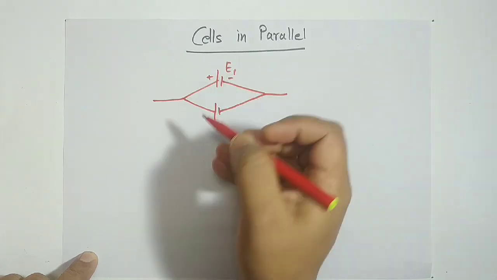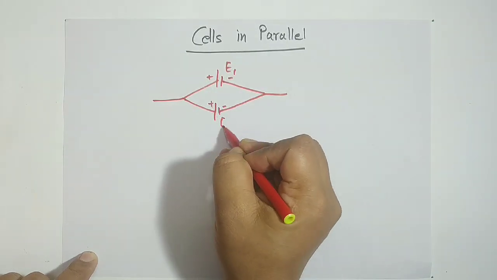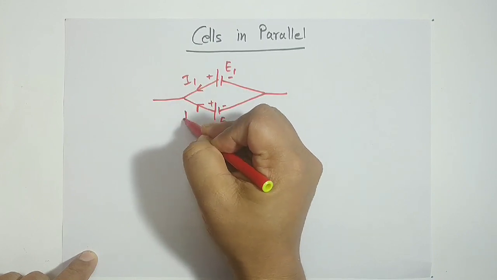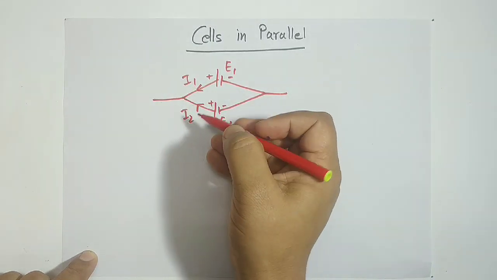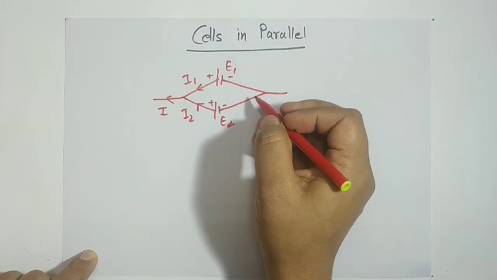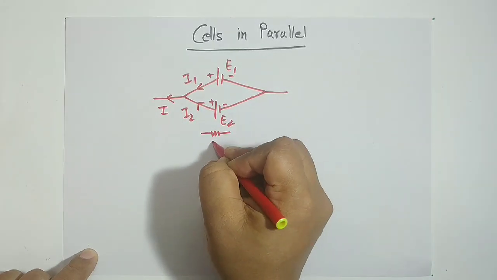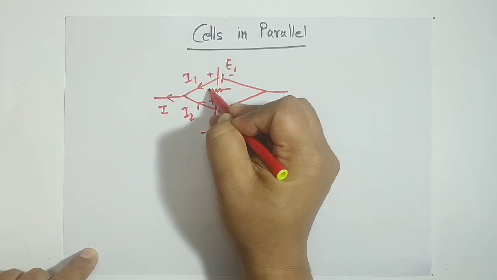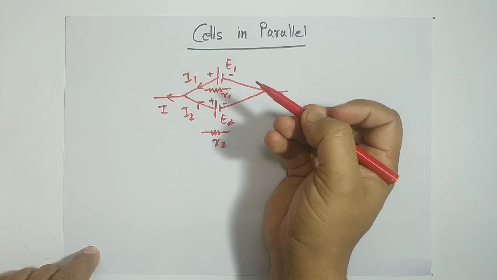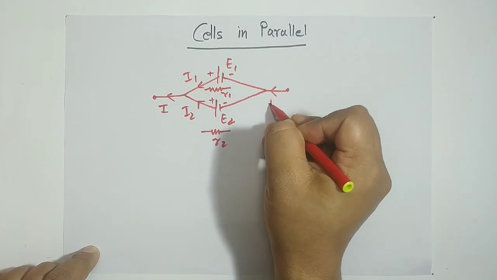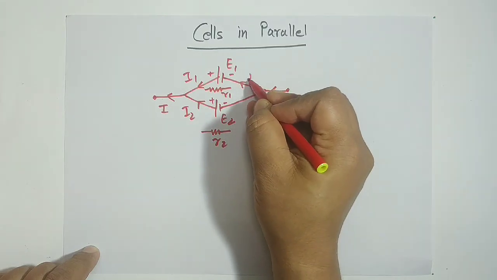This is E1, this is E2, with the current I1 from E1 and the current I2 from E2, and this is the total current. The internal resistance of one is R2 and of the other is R1.